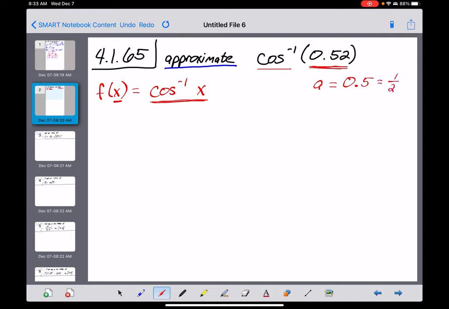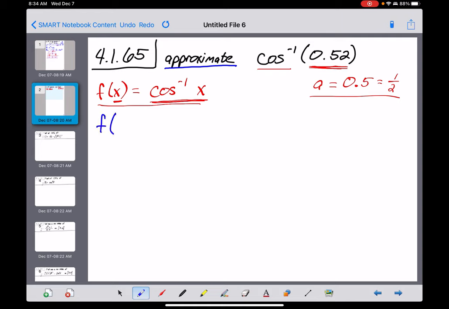And we'll get to that in just a second. So what you had to do on this group of problems is come up with the function and the a value, and now, for a little while anyway, this is just like the problems you did earlier. We're going to find the linearization of this function f of x at this a value of 0.5 or 1/2. So here we go.